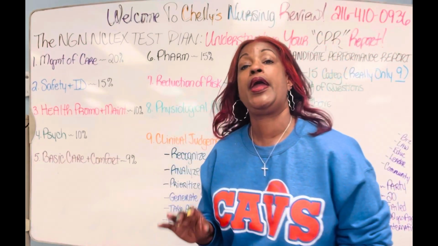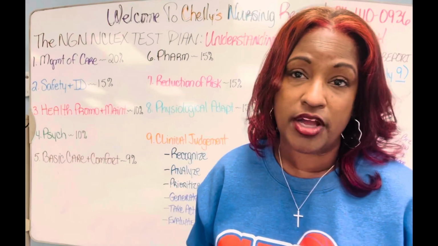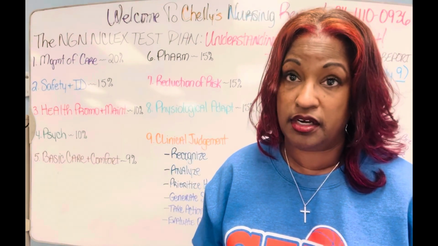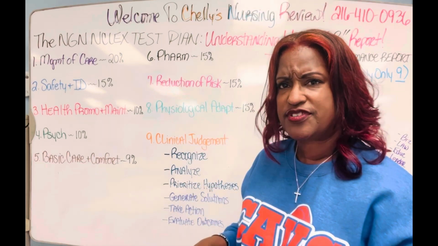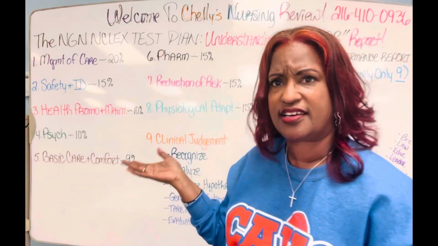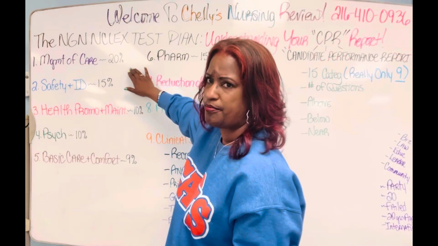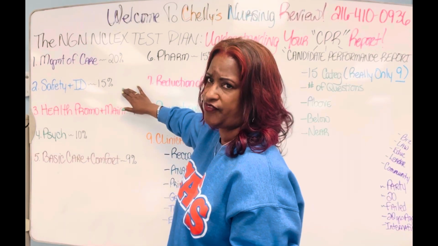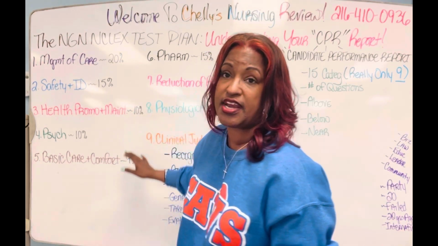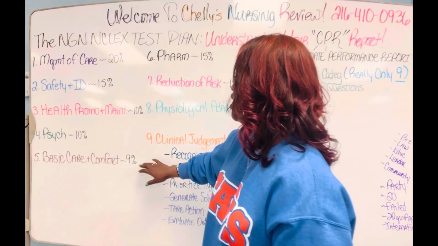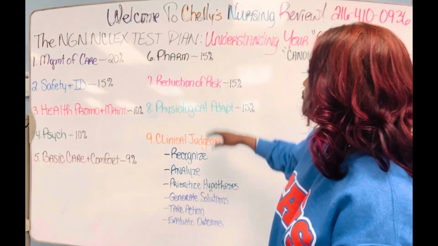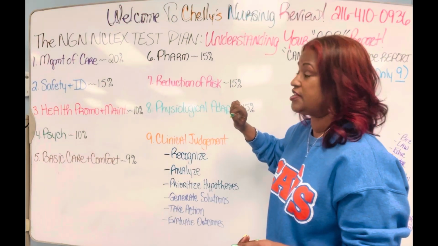Next is a big, if not the number one area that I want you to really focus on: reduction of risk. Now, what do we have so far on this NGN NCLEX test plan? 20% management of care, 15% infectious diseases, 10% health promotion and maintenance, 10% of psych, 9% basic care and comfort, and a big whopping 15% for pharmacology.